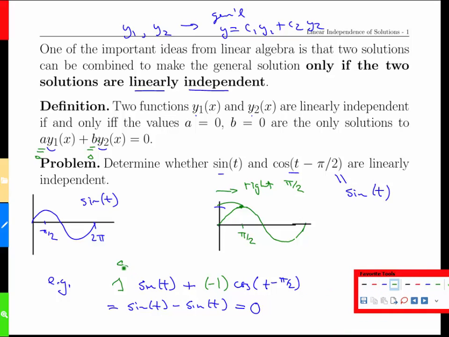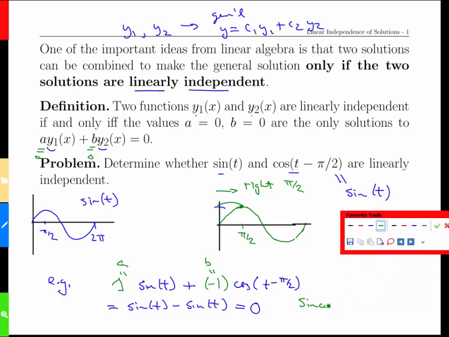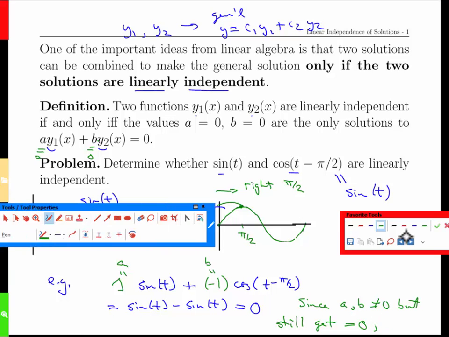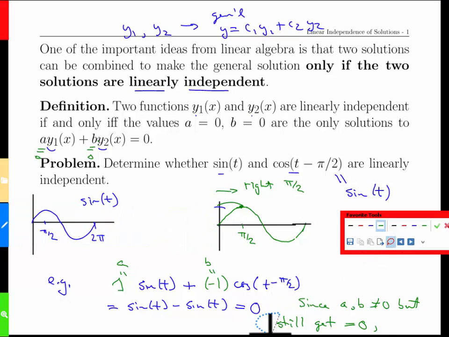So this is our a value, this is our b value, and since a and b are not equal to 0, but we still get a solution equal to 0 overall. We cancel everything. So let's be specific here, these things are not linearly independent.